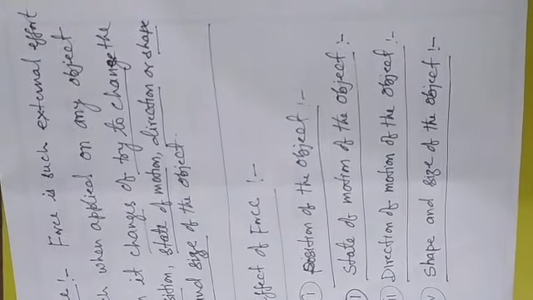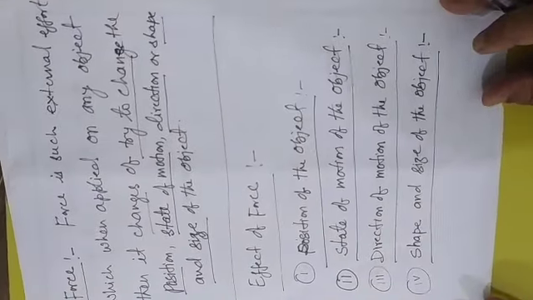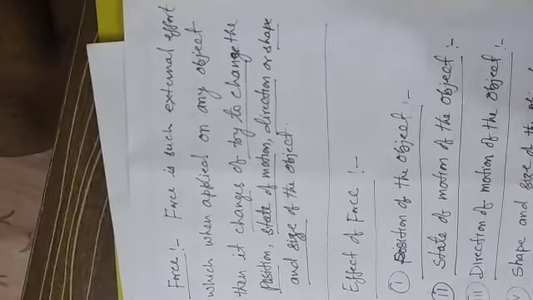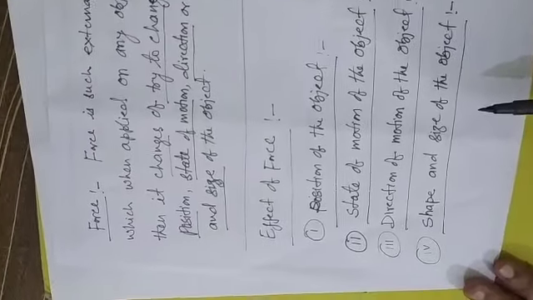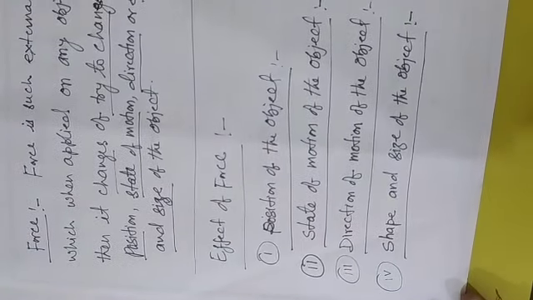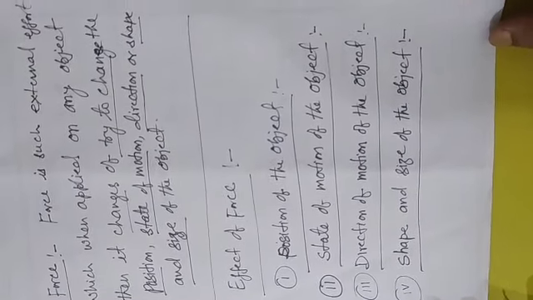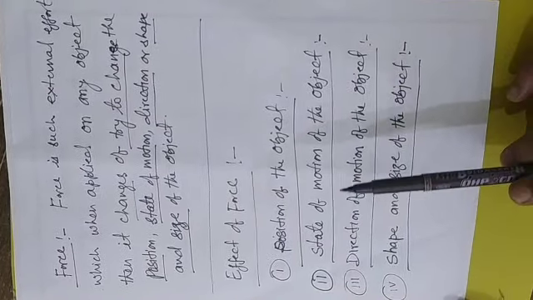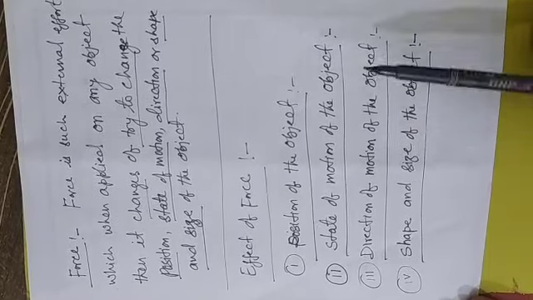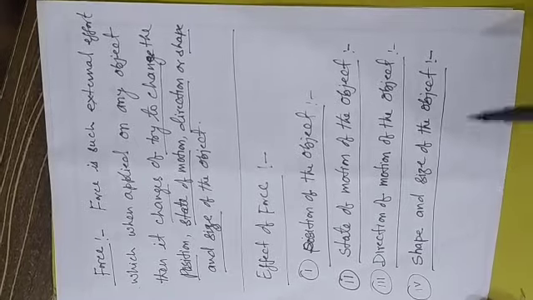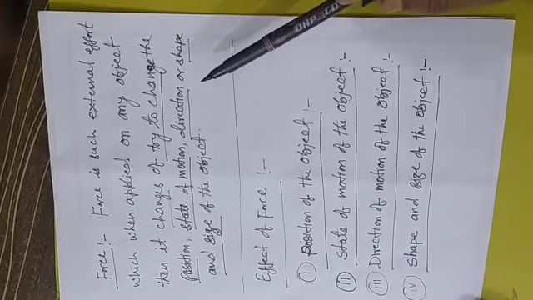So, by summarizing these, we can see that by the application of force, the shape or size of the object can be changed, or we try to change the shape and size of the object. Now, you observe that changing the position of the object, state of motion of the object, direction of the object, or shape and size of the object are hidden in this definition of force.